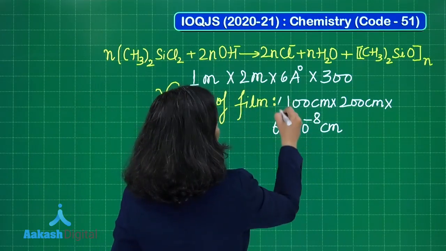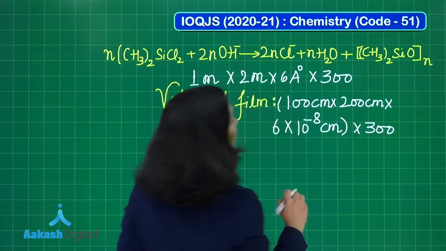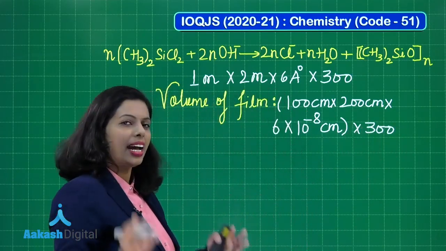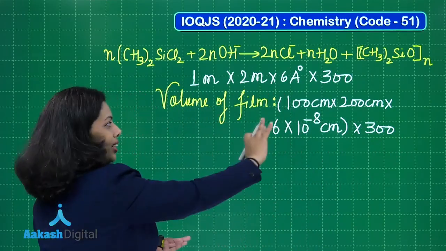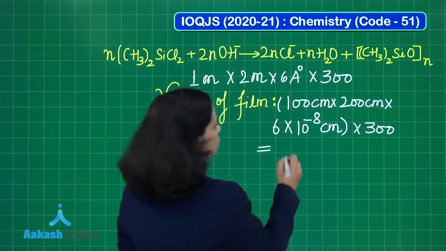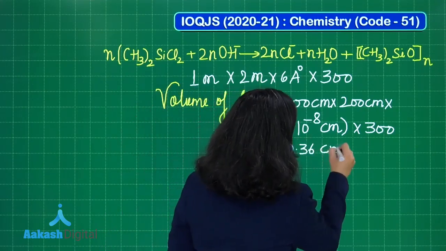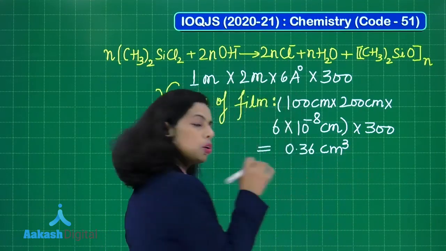Done. And everything is multiplied by 300 to get the total volume. Now it's your turn. Just solve this and you will find that this volume is equal to 0.36 centimeter cube. If you solve it, you will find it.